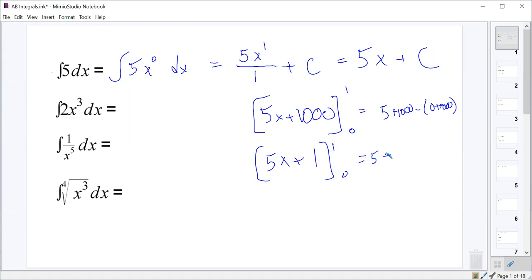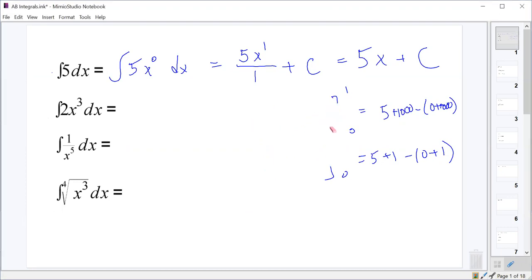This becomes 5 plus 1 minus 0 plus 1 if we're doing a definite integral. Does that make sense? Yeah. Those constants fall out. They're insignificant when looking for the area underneath 5, because the definite integral gives us the ability to cancel out those constants. Does that make sense? Yeah. Okay, cool.